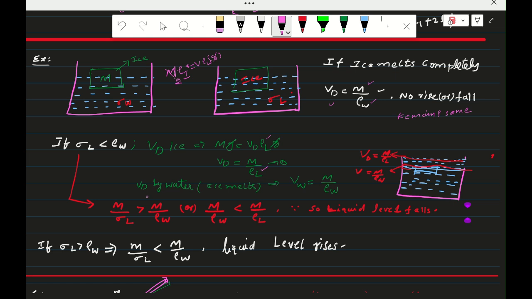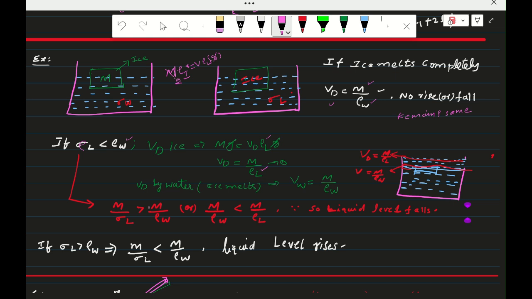Now here the condition is already given, the density of the liquid is less than the density of water. That means the denominator is less, so the ratio is more, therefore Vd is more, right? So m by rho L is more than m by rho W. This is the volume displaced after the ice melts.